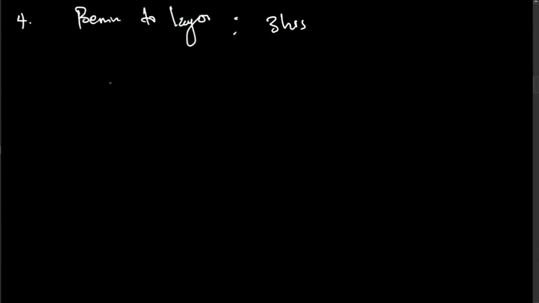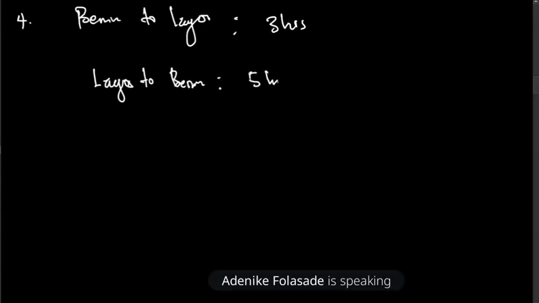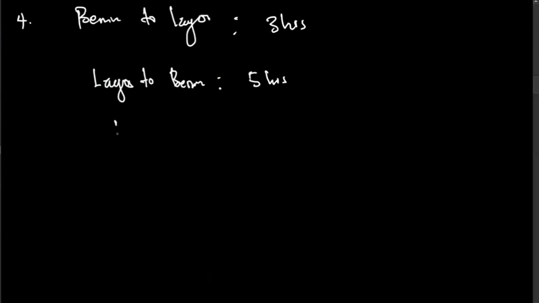So coming back, that is Lagos to Benin, it's 5 hours. If the distance from Benin to Lagos is 900 kilometers. Okay, so the distance is equal to 900 kilometers.